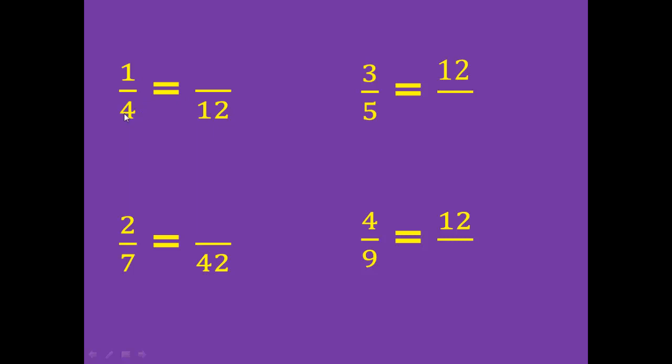So we have to multiply this number, 4, by 3 to find our equivalent denominator. So therefore, we must multiply the numerator also by 3 to find the equivalent numerator. So this new equivalent fraction would be 3/12. Try the rest on your own.